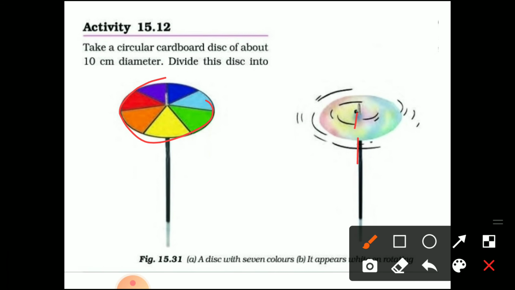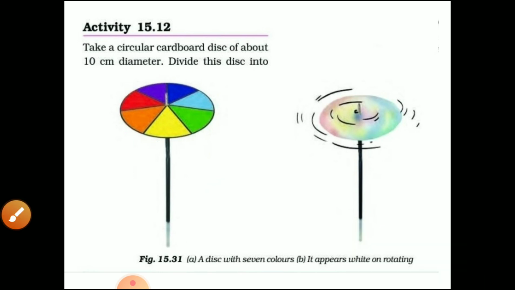When it rotates freely at a fast speed, you can see that this disc will appear whitish, and we popularly call it Newton's disc. In the first figure you are seeing a disc with 7 colors, and in part B it appears white on rotating. These colors get mixed to give white light on rotating.